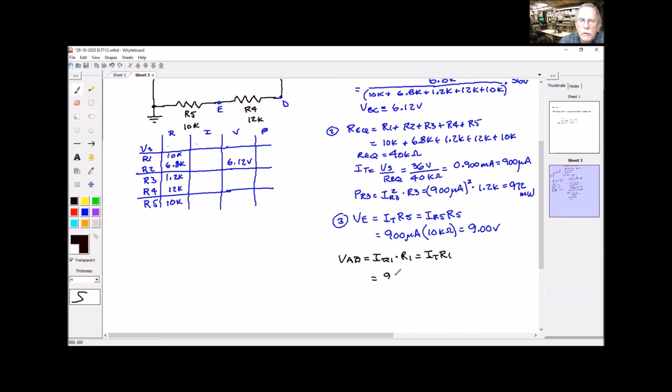So we have the 900 microamps times R1, which is 10K. So that also works out to be 9 volts.